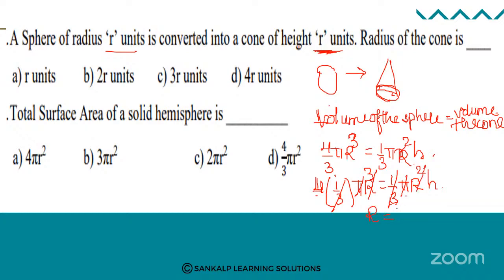And h. H is equal to r here. Right. So here the sphere of radius r is converted into a cone of height r units. So in the cone, radius is r, and height is equal to radius. That is height is equal to r, right? So here this is R.